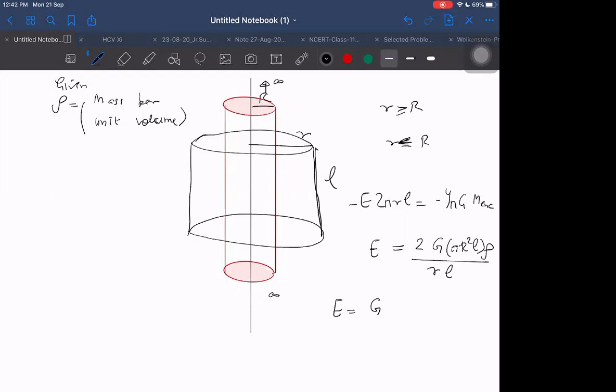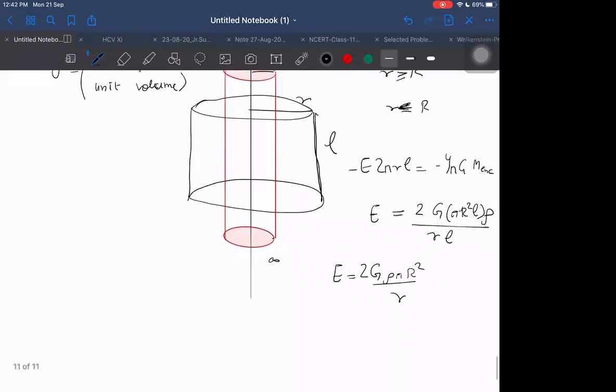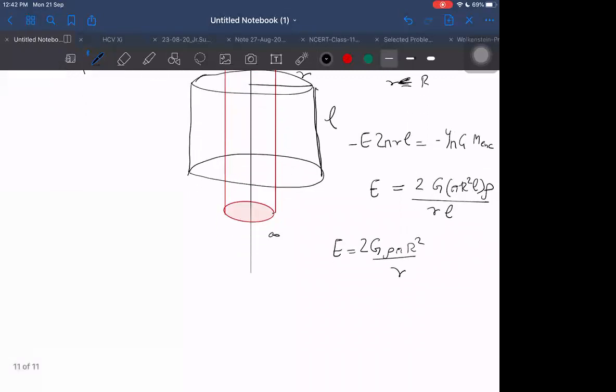So E is equal to 2 pi G rho R square by r. Same as before, we were expecting this only. Why?